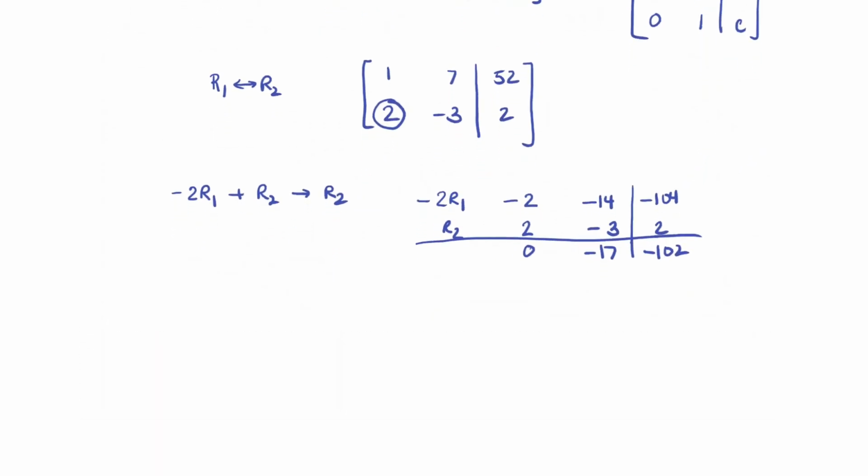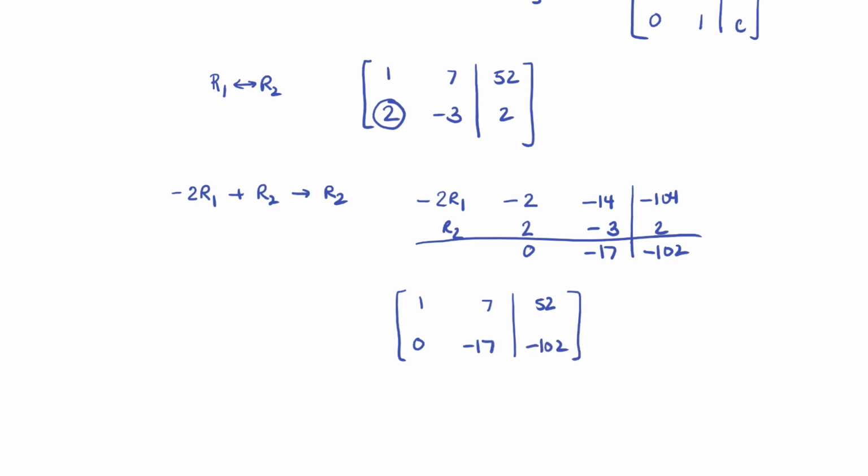So that's going to be my new row 2. Now I'm replacing row 2 with that because my row 1 is the way I want it right now. I have that 1 where I want it. I don't want to lose that. So the new matrix is 1, 7, 52, 0, negative 17, negative 102.